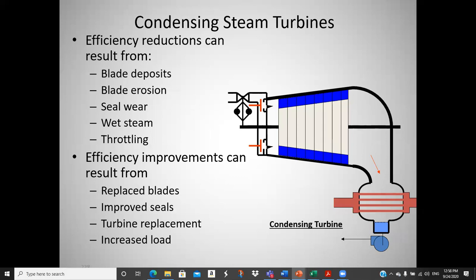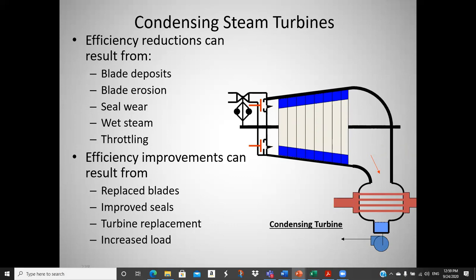Efficiency reductions on turbines can come from blade deposits and blade erosion. In the pictures I had last time, you could see some erosion on the back of the turbine blades. We can also get blade deposits; I've got some pictures of those. With seals, the steam can leak around the blades instead of going through them, in which case you get nothing out of it.